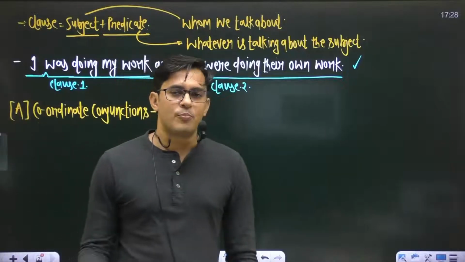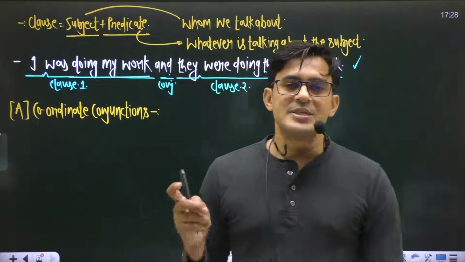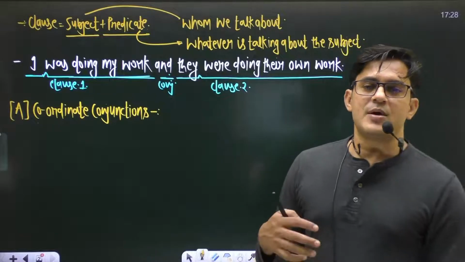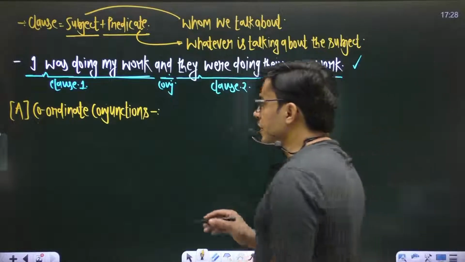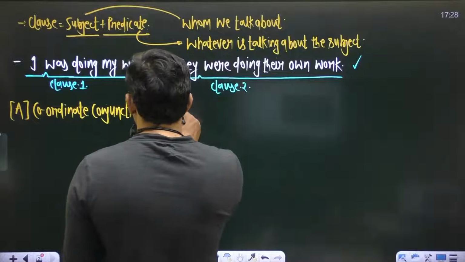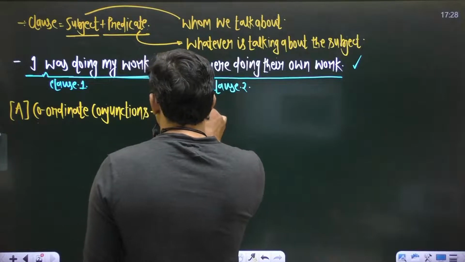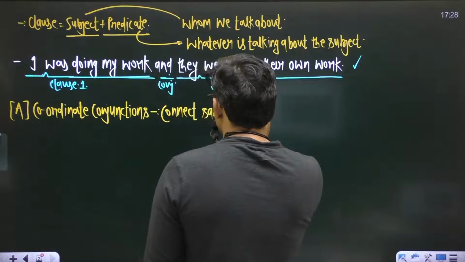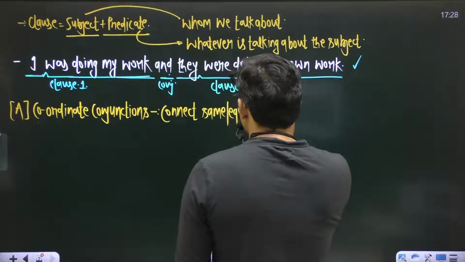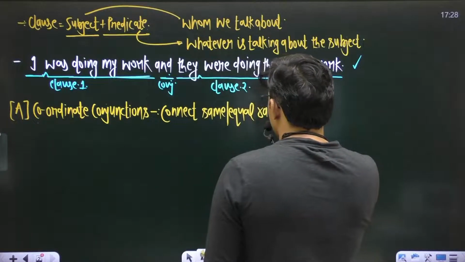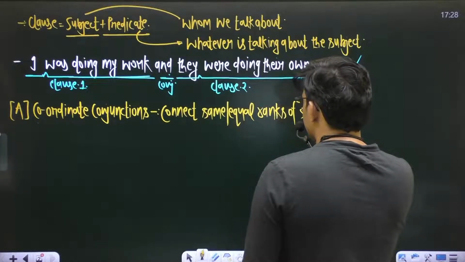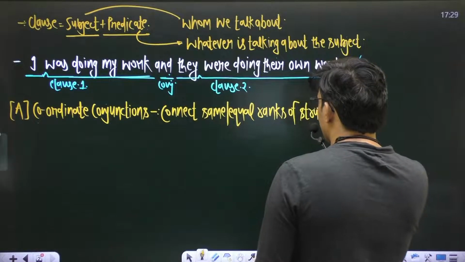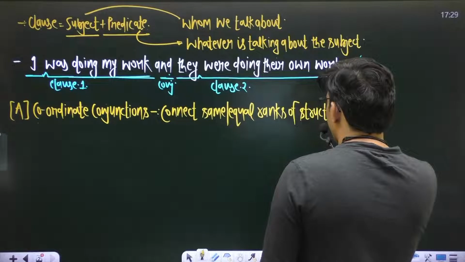Coordinate means co means similar, and ordinate means rank. So coordinate conjunctions are those which connect same or equal ranks of structures.